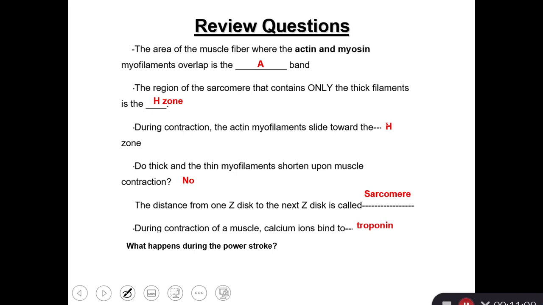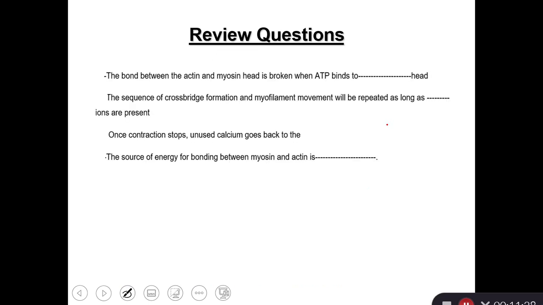What happens during the power stroke? Here, ADP is released. So now the myosin head does not have phosphate nor ADP attached. Then it goes and attracts actin to the center of the sarcomere. The bond between the actin and myosin head is broken when ATP binds to the myosin head.